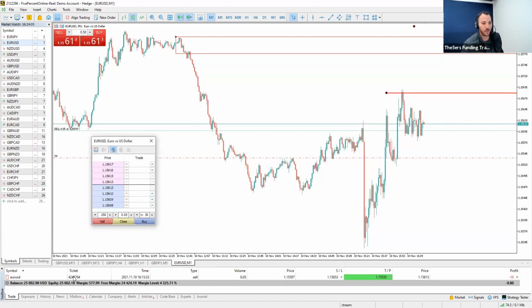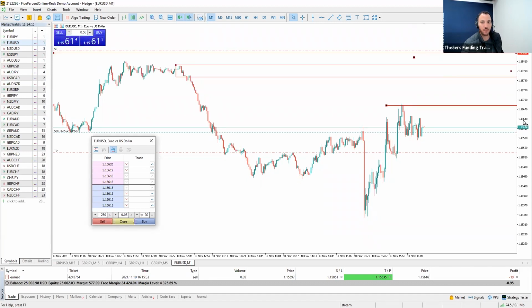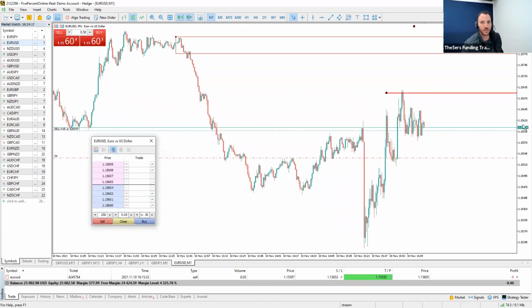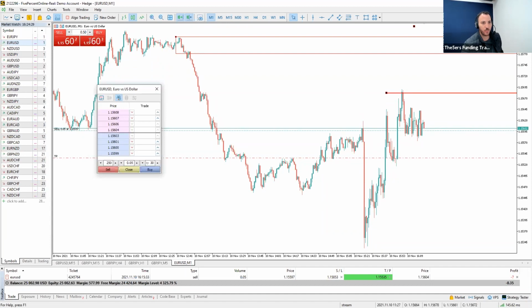So I want to risk $125 maximum, and because all my stops will be there, I can risk up to half a lot. So all I'm doing is, instead of this entry going with my half a lot, I'm just splitting that into 10 5 micro lots. So that's all I'm doing.